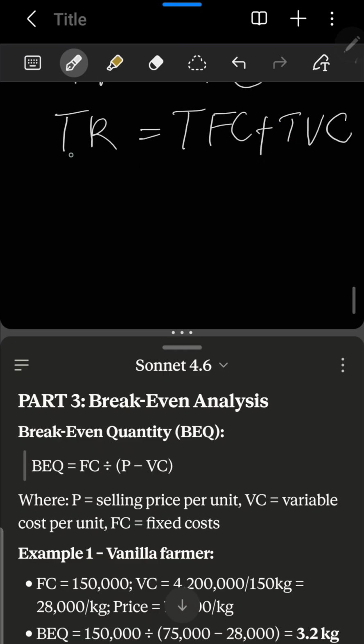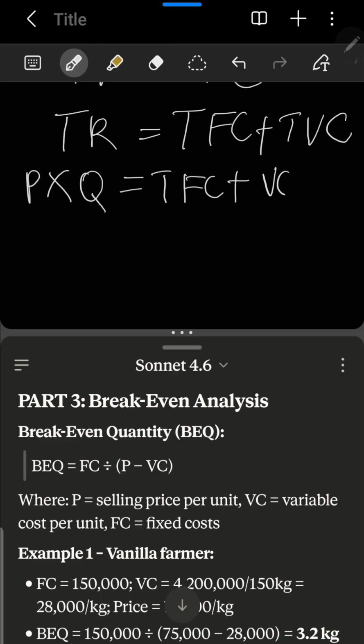Total revenue is simply the sales, the amount you get after selling, which is the price times the quantity, which equals total fixed costs plus our total variable cost. If we know the cost of one phone, we can get the total cost of all the phones, which is the cost of one phone, which we are calling variable cost per unit VC, times the quantity of phones. Remember, we are finding the break-even quantity, which is this Q.